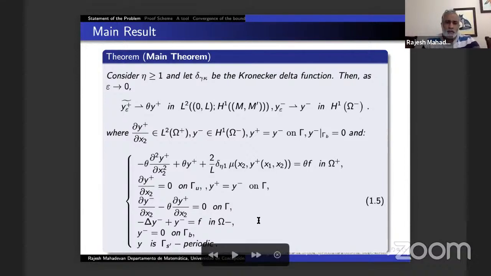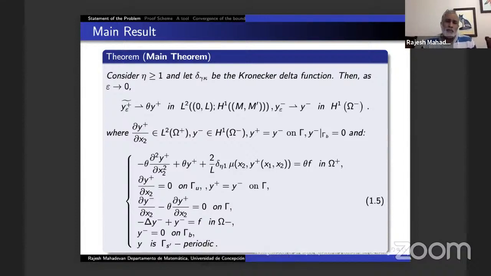So the end result is quite simple, and here you have an explicit characterization of the term which comes as a contribution from the Robin condition, and it's just the mu.